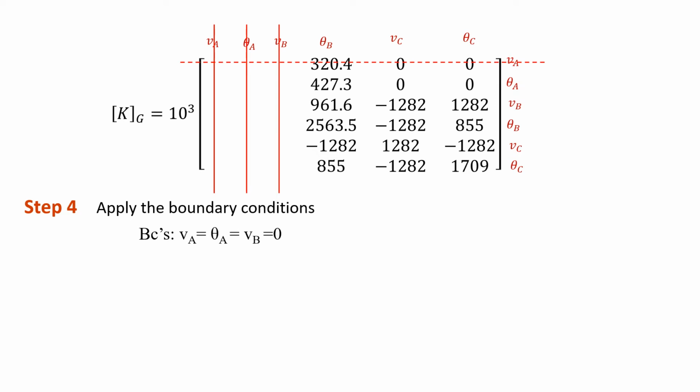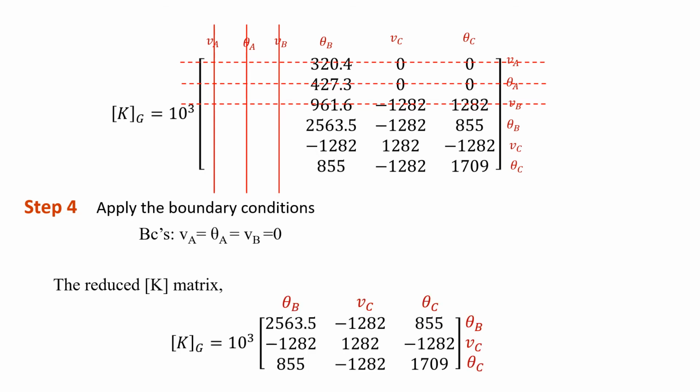For example, VA equal to 0, so we eliminate row VA, then we eliminate row theta A, and the last one we eliminate the row for VB. So finally we have the reduced K global matrix, a 3 times 3 matrix, only for those unknown degrees of freedom.